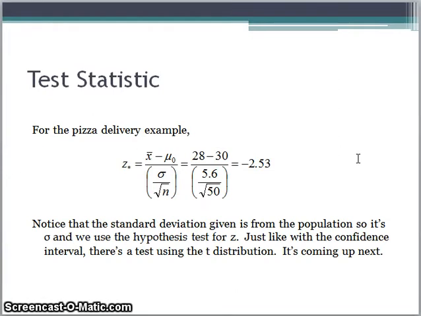If we do that calculation, we get negative 2.53. Okay. Again, notice the standard deviation is from the population. That's why we're using the z-test and not a t-test, which we're going to do next. Okay, so that's our test statistic.